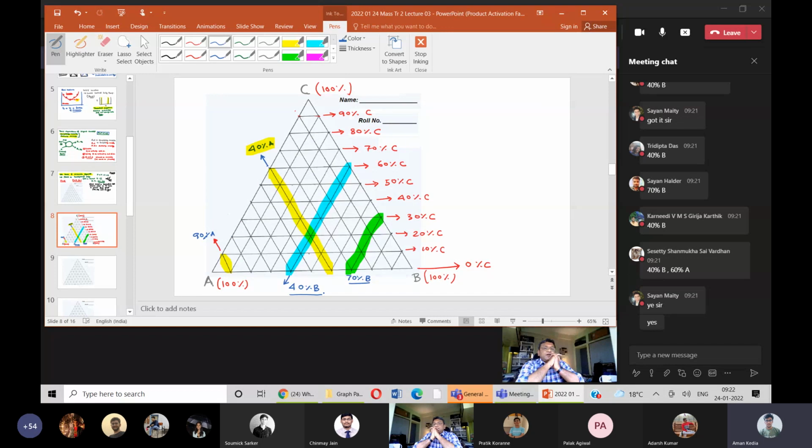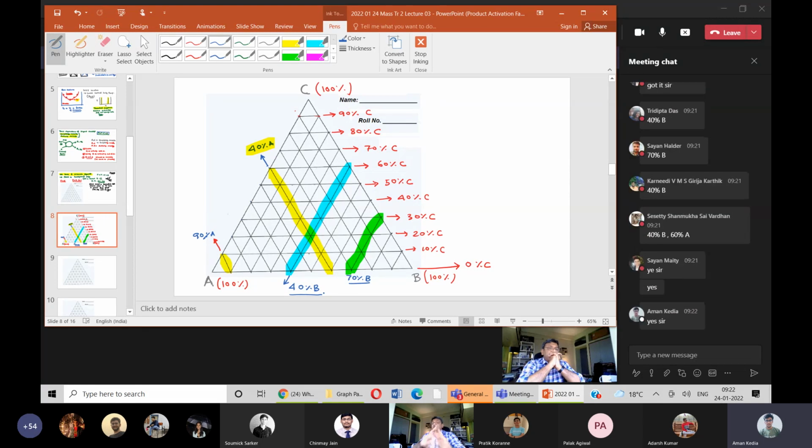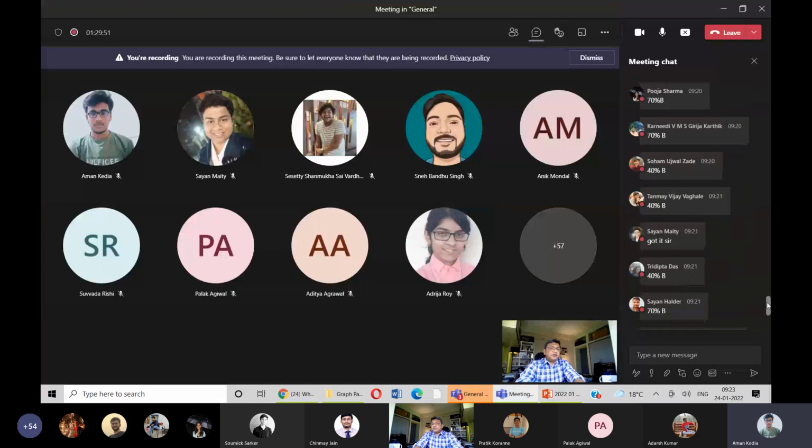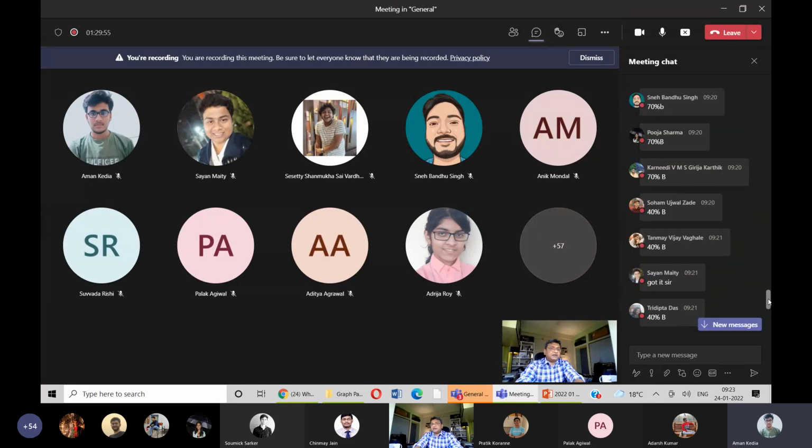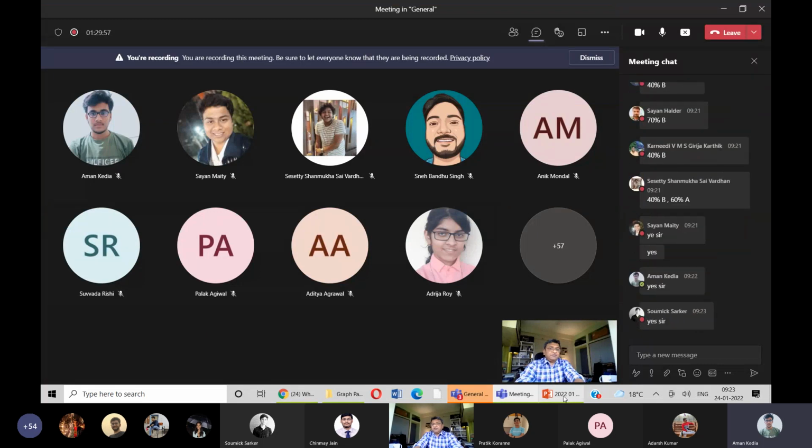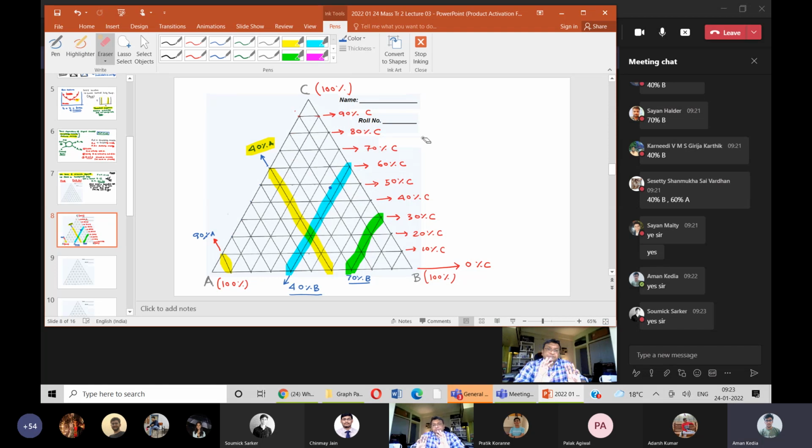Tridipta got the answer. Girija gave the correct answer. Sai Vardhan, wrong, because he wrote it 40 and 60. That is wrong. Everybody else, is it clear? Soham, 40% B, correct. Tanmay, 40% B, correct. Right. So clear with everyone?